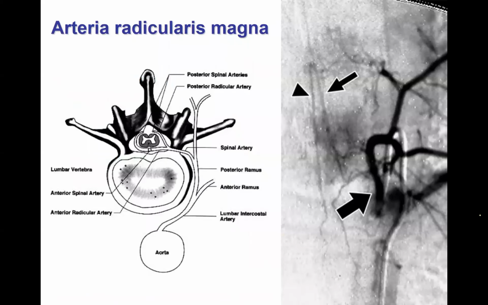And you have to perform an angiography before the procedure. So you can see here, this is the celiac trunk, and behind the celiac trunk you can see the posterior intercostal artery, and this is the anterior spinal artery supplying the spinal cord. So you have to find the artery, fix the level, and then during the operation you have to think about this artery.